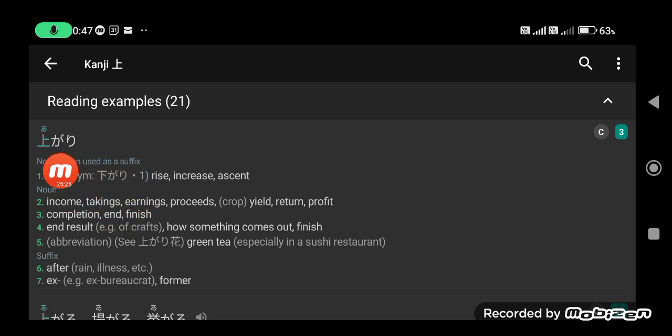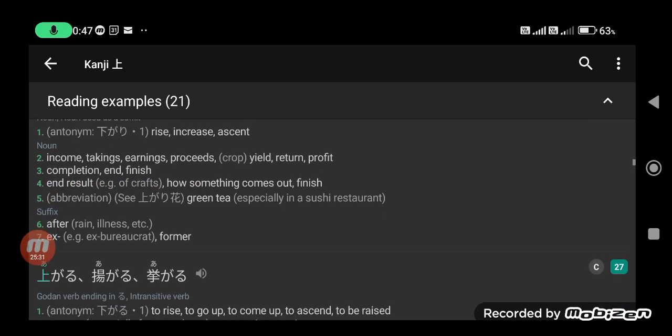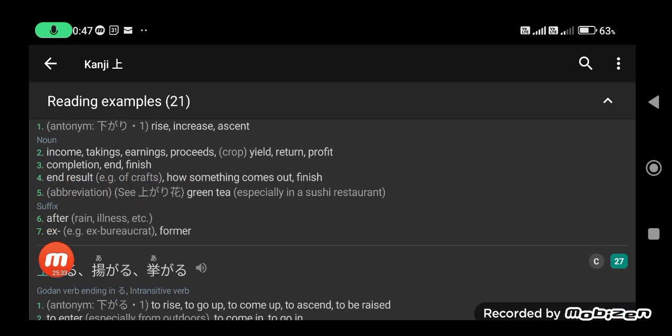But the agari here means to rise, increase, or ascend. Income, takings. Okay. So please screenshot the other meanings. Agari hana, green tea, especially in a sushi restaurant.